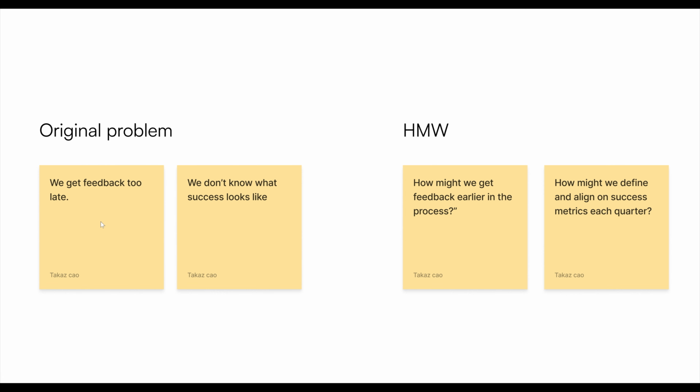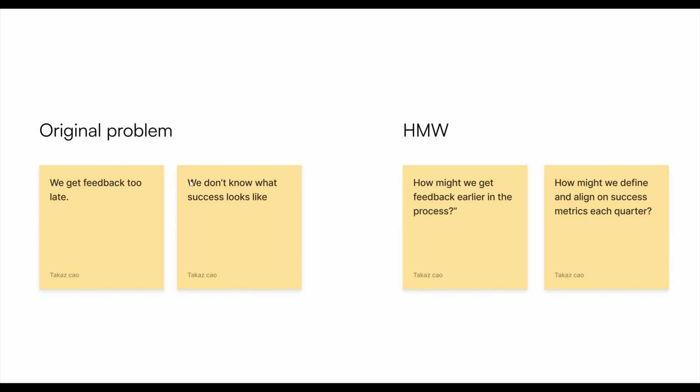Then, from the problem, we turn it into a How Might We. To make the problem actionable, we turn them into challenges. Take the top problem and reframe it as a How Might We question. For example, the original, we get feedback too late, becomes: how might we get feedback earlier in the process?